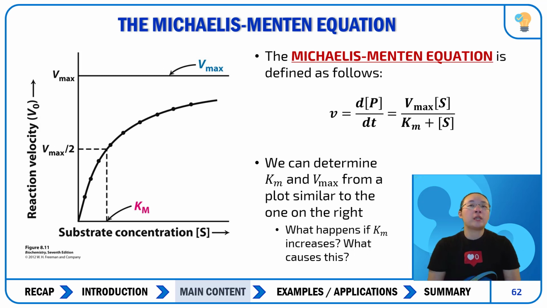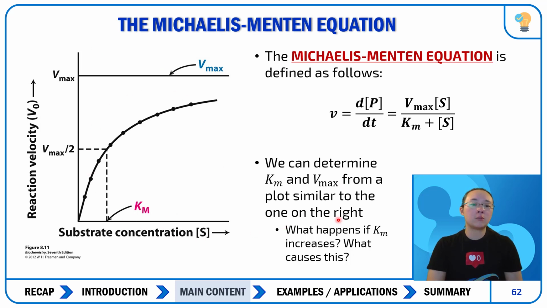So then we now present the Michaelis-Menten equation as this. So we've seen this before, we were able to derive it. V is equal to the change in product over time, which is equal to V max S over Km plus S. We can determine Km and Vmax from one of these plots.